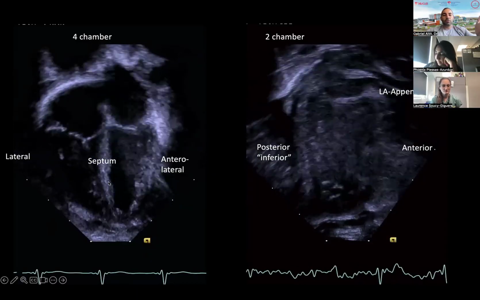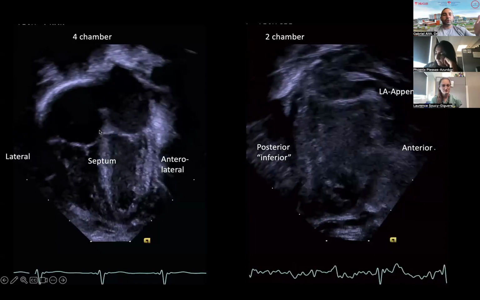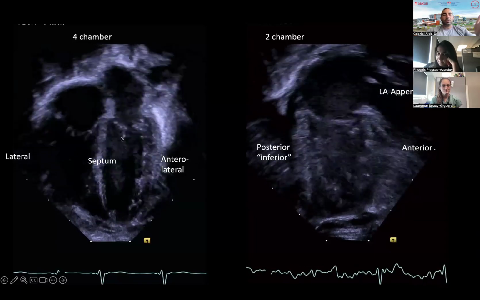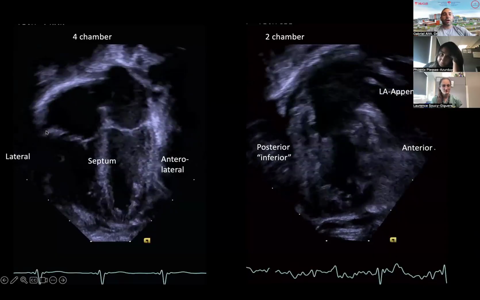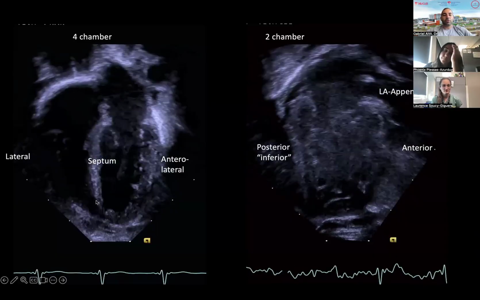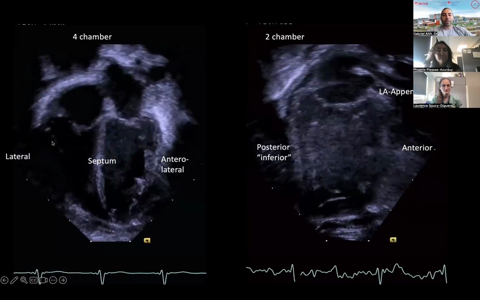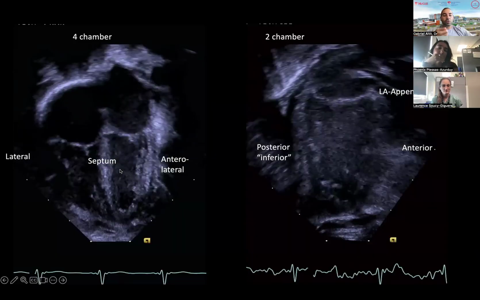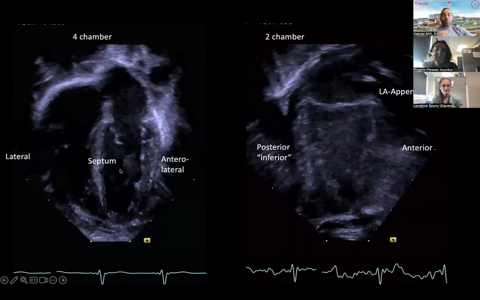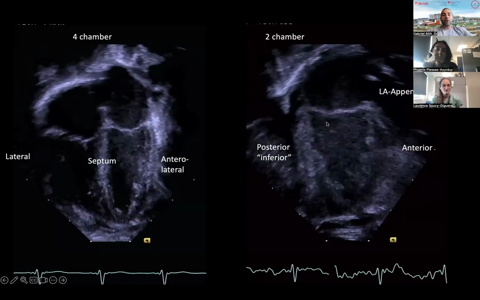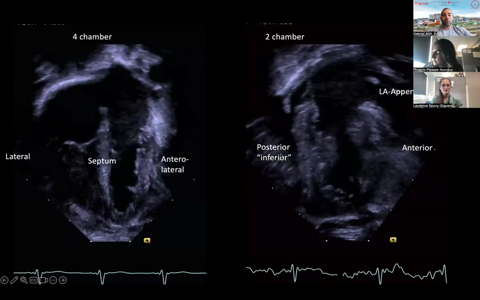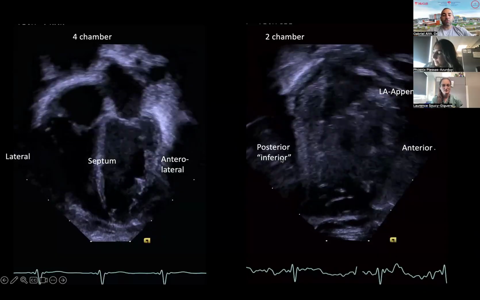You get a very smooth septal surface. Your tricuspid valve is placed slightly inferior compared to the mitral valve. Your RV looks a bit more triangular in shape with a lot of coarse trabeculations. And when you switch your probe to have the marker towards the head of the patient, you now cut into the anterior inferior view.